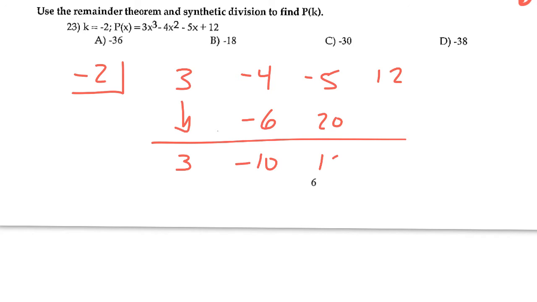Add, you get 15. You multiply, you get -30. Add, you get -18. This guy on the end is known as the remainder. That remainder also just so happens to be the value of the function at k. So we know the function has a value of -18 if you'd plug -2 into that function.